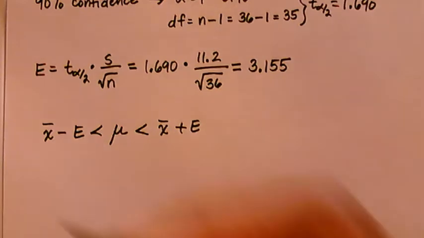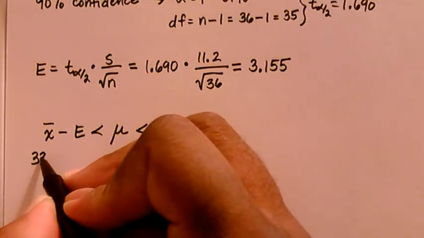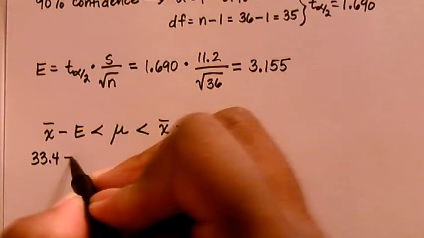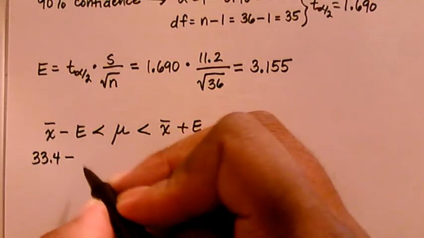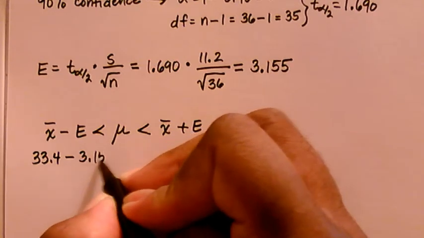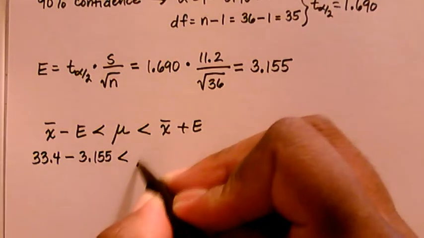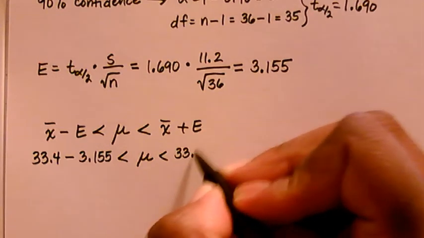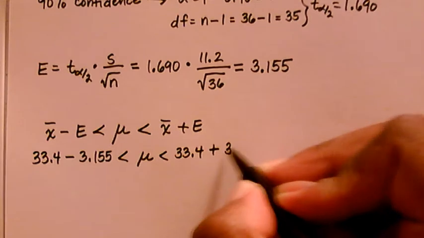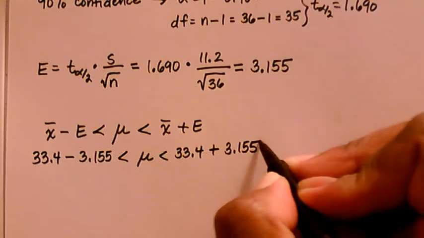My sample mean was 33.4. The margin of error was 3.155. That's less than mu, less than x bar is 33.4 plus 3.155.